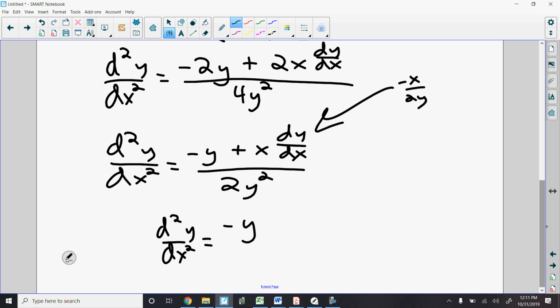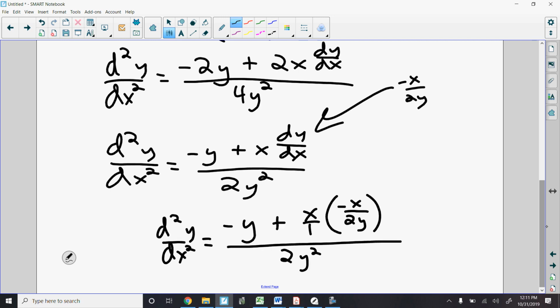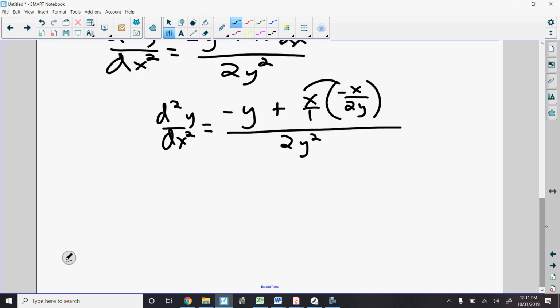So I've got negative y plus x times negative x over 2y. Okay, x times negative x over 2y. I'm just going to multiply the tops here and get negative x squared over 2y.